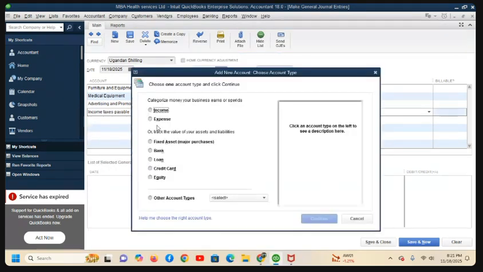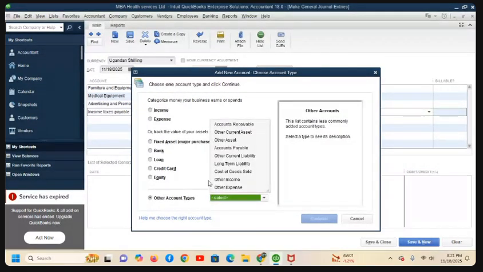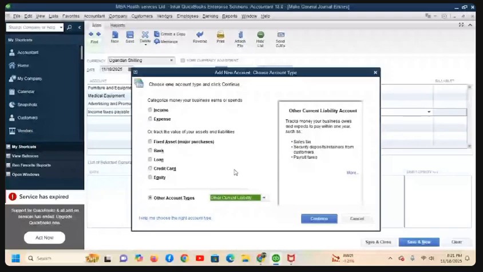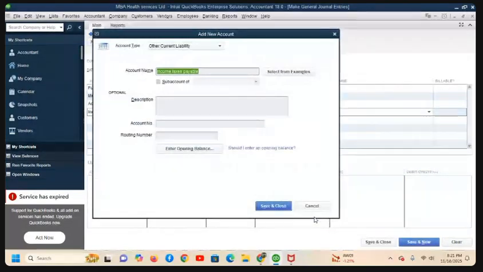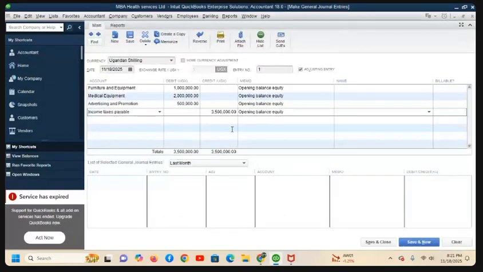I know that income tax payable is a liability. I can come here and put it under other types, go to current, other current liabilities. Then I click continue, then I save and close. So I will have created that account. I put here maybe 900,000.